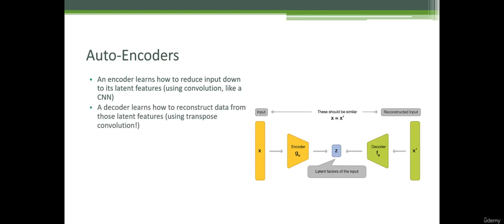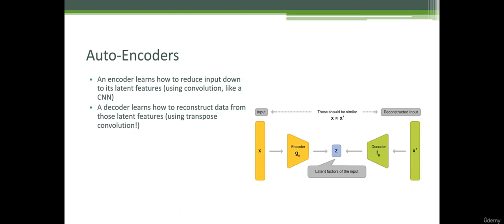On the other side, though, we have the decoder, which is basically the inverse of the encoder. It's being trained on how to reconstruct complete images or complete data, more generally, from those latent vectors in the Z box there. By using transpose convolutions and max depooling and things like that, it learns how to take those latent vectors and reconstruct them into a full complete image or a full complete data set.